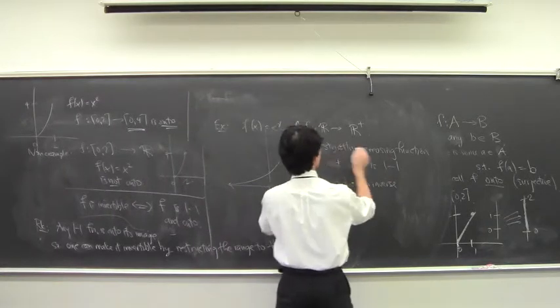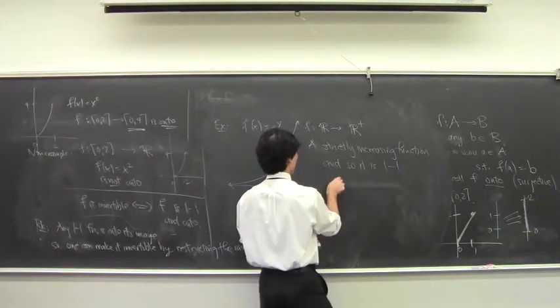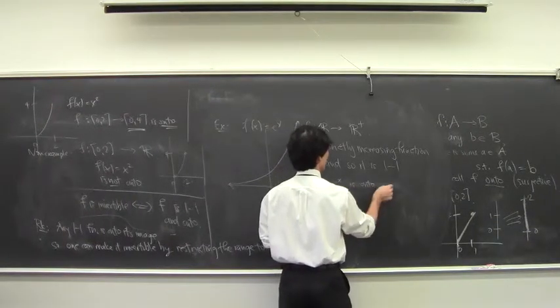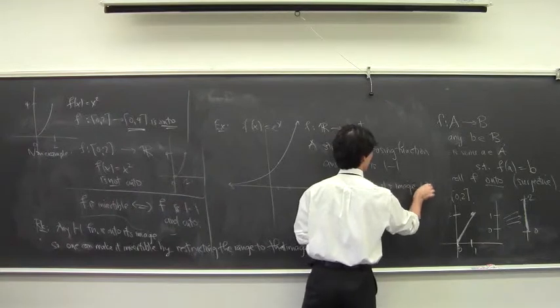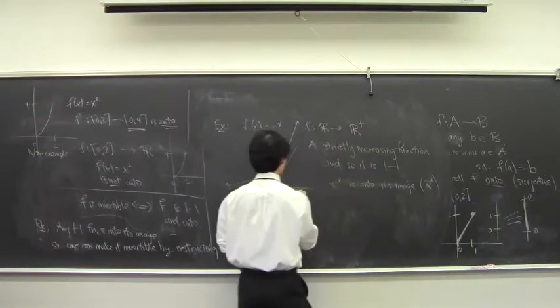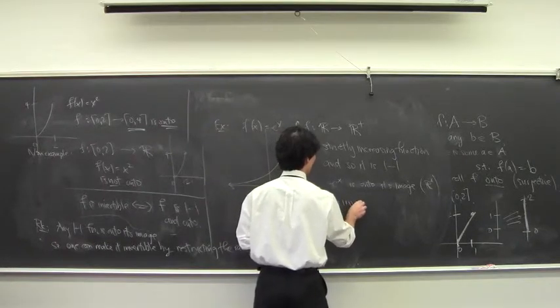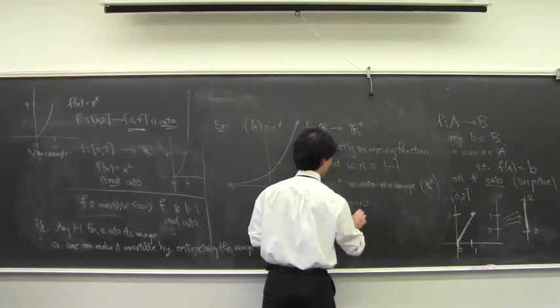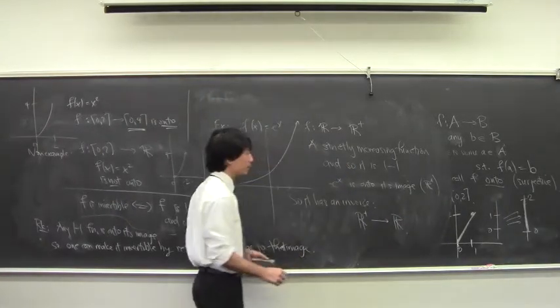And e to the x is onto its image, of course, R plus. So it has an inverse function going from R plus back to the reals.